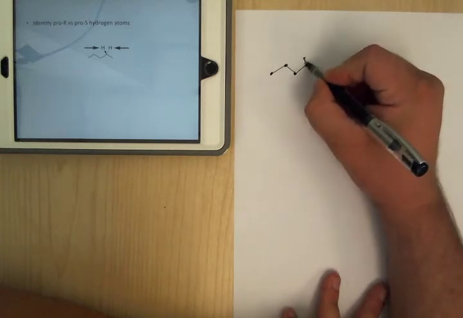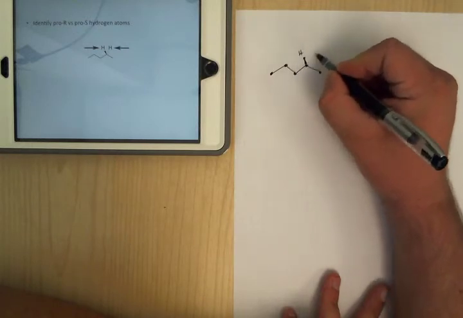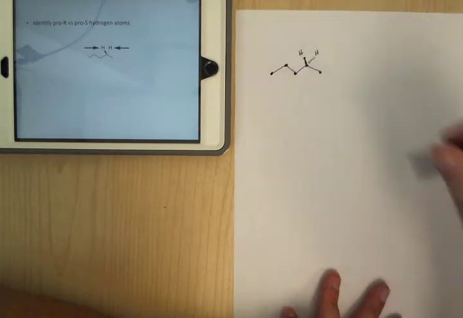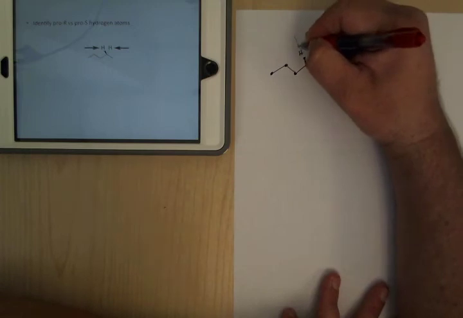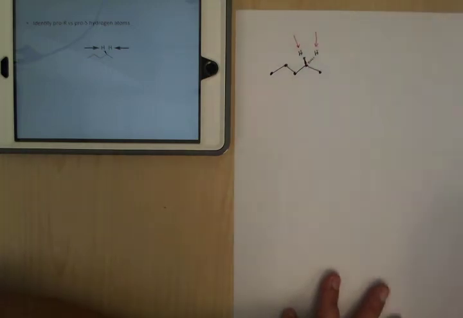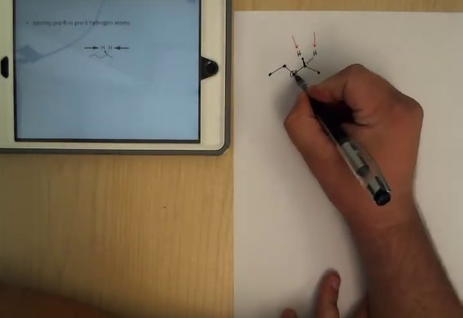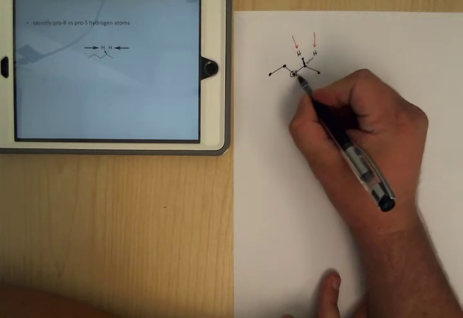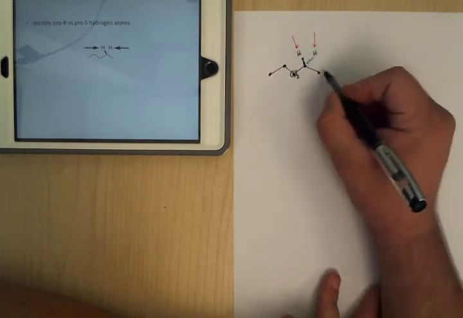Right now it's not actually chiral. So we're interested in that one and that one. This carbon has two hydrogens on it, so it's not going to be anything. It's no different than regular CH2. It's not chiral.